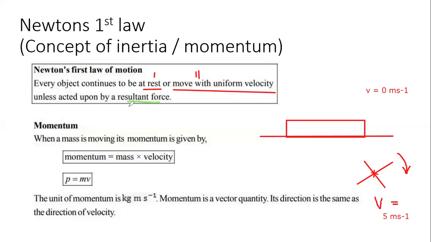So what is this resultant force? Now, if I draw the forces acting on this first figure, we have the weight of the object applied from the center of gravity toward the earth, and the reaction force acting from the table onto the book.